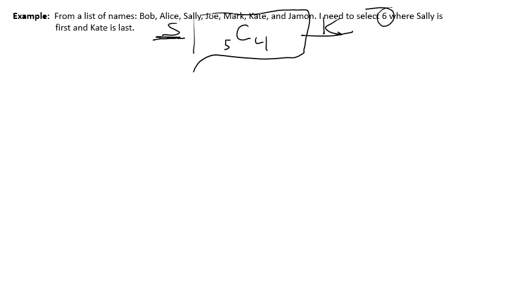And that's a combination because, again, I just need to select them. It doesn't say there's any particular order. The only order we required was Sally goes first and Kate goes last. So who cares what's happening in the middle? That's a combination of 5 pick 4. If I did that right, that should come out to be 5. So the answer to this one is 5.